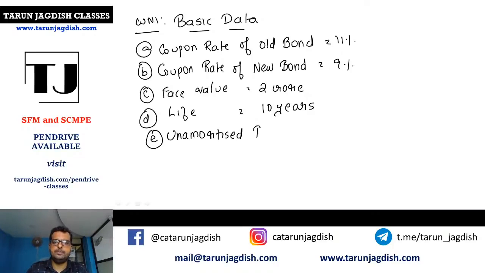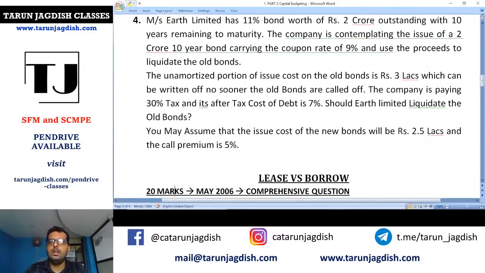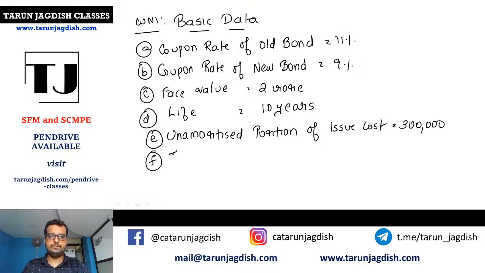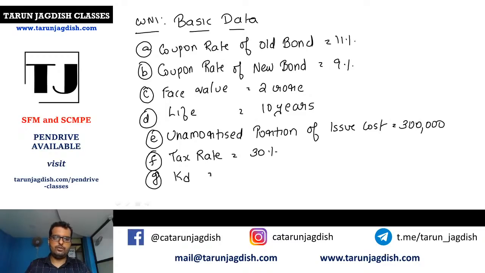Unamortized portion of issue cost is equal to 3 lakhs. After that, they have told this can be written off no sooner the old bonds are called off. Called off means we are going to repay the old bond. Okay. Tax rate is 30%. And the cost of debt is told to be 7%.